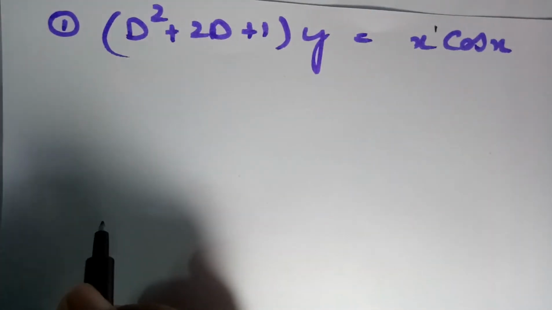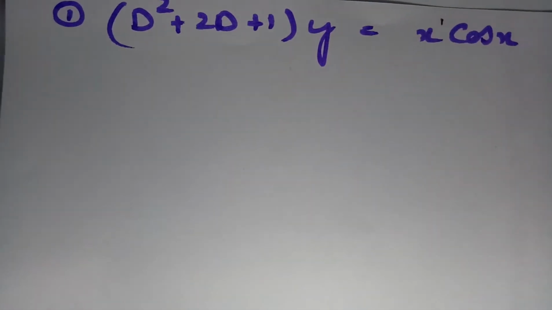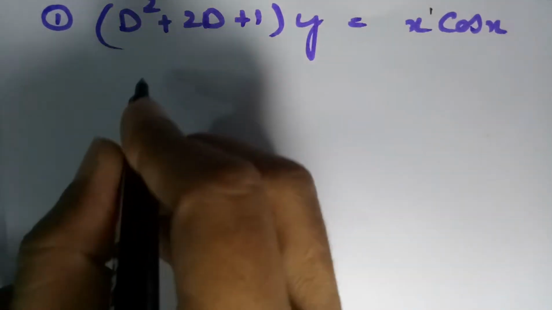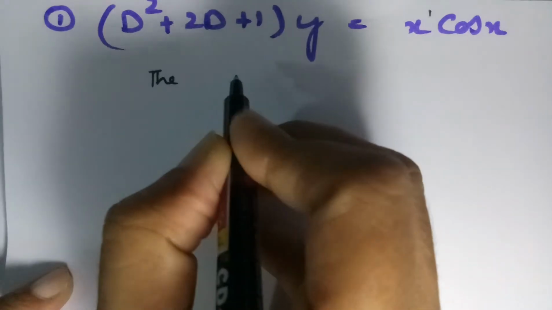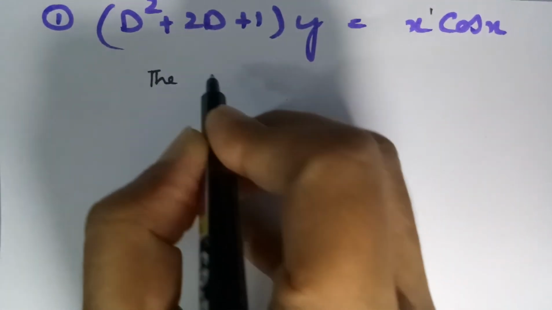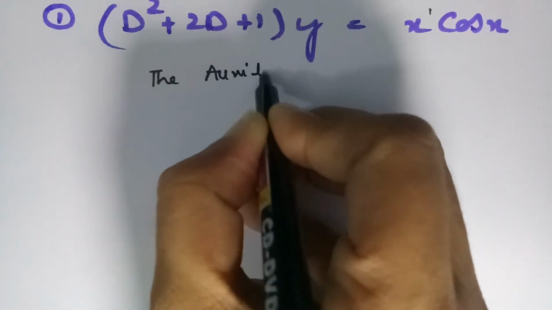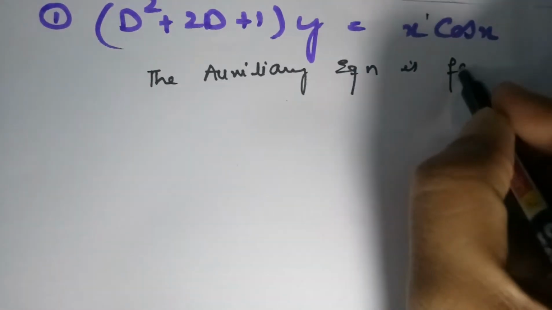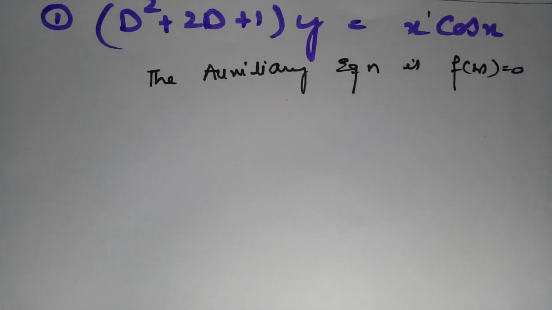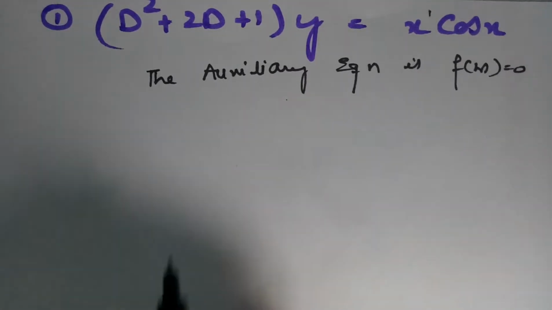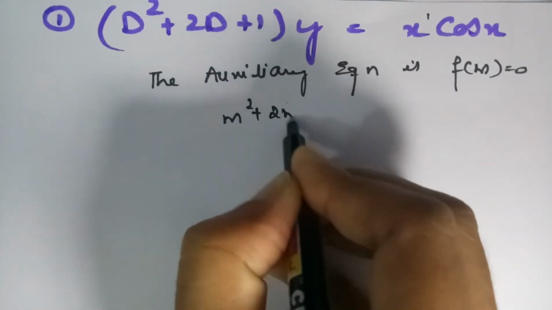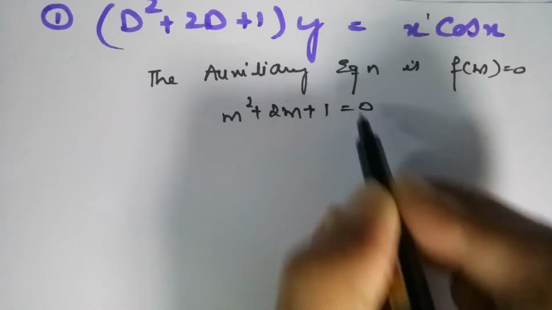Before solving this, we have to find the complementary function. How to find the complementary function? Again, I have to take the auxiliary equation, f of m is equal to 0. So instead of D, I have to write m, that is m square plus 2m plus 1 is equal to 0.